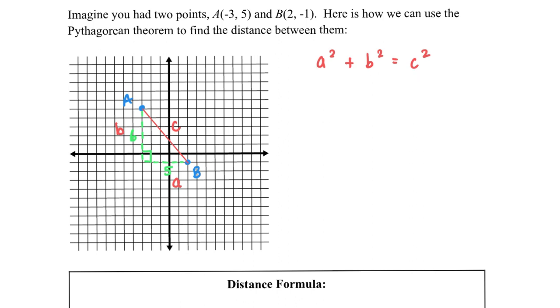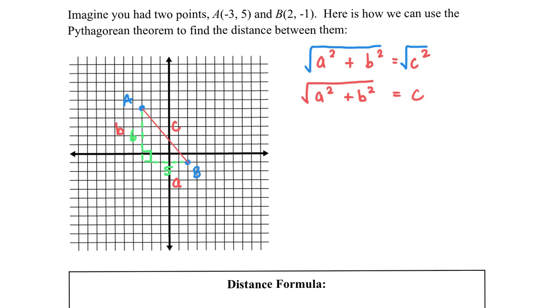I'm not worried about that. But let's see if we can build this up a little bit. Let's explore this a little bit. I want to get C by itself eventually. So what if I were to take the square root first? Now I have the square root of A squared plus B squared equals C. By the way, the square root of A squared plus B squared is absolutely not A plus B. Okay, it doesn't work that way.